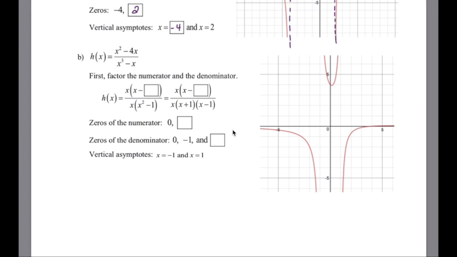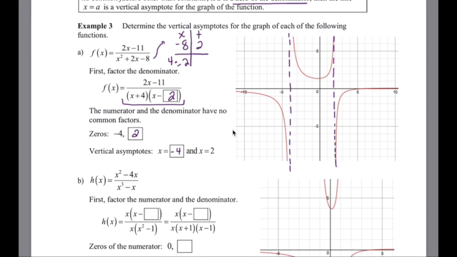Okay. We need to determine the domain. The domain then, just for practice, goes from -infinity to -4, union -4 to +2, union 2 to infinity.